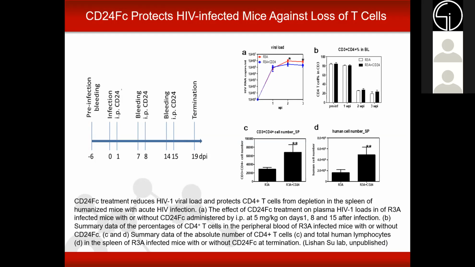So when we look at this panel, especially C and D, this is when we infect the humanized mice, then later on treat with CD24FC. So this R3A is a virus name, and this has a lymphocyte decrease. But then when you add the CD24FC, the lymphocytes are not dead. They are maintaining the same normal levels.